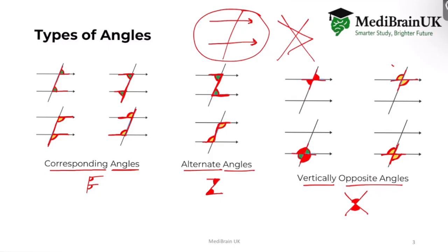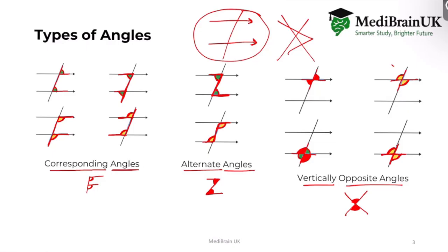When you're given an exam question with angles in parallel lines, you are ultimately looking for the letters, and the letters will allow you to spot which rule is being used. In your explanation, you're going to have to write down the rule. Those are corresponding, alternate, vertically opposite.